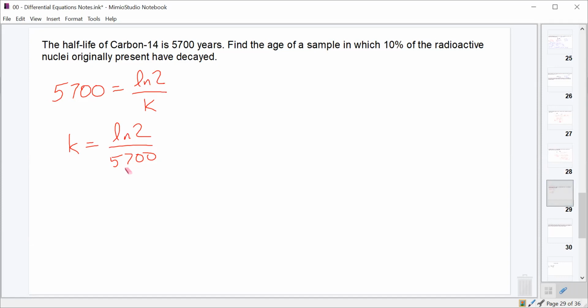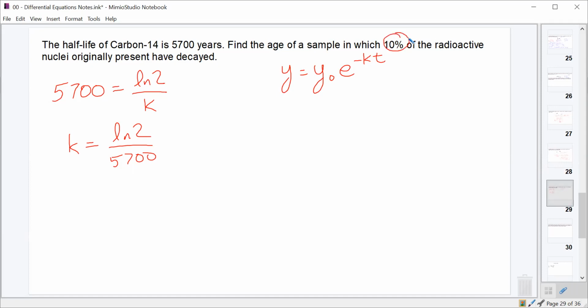And if this was my test or the AP test, you wouldn't want to round that value until your final answer. So we're just going to leave our k as ln 2 over 5,700. And as we said a minute ago, we're going to use y equals y naught e to the negative kt. But we need to figure out what our starting amount and our final amount is. Our starting amount can just stay as y naught, but our final amount has to indicate that 10% has decayed.